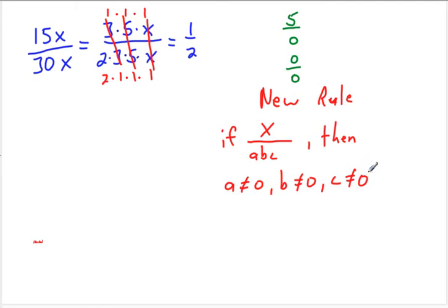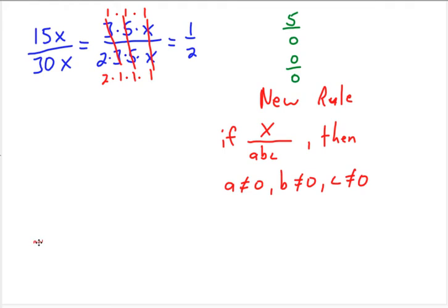So, in my own words, the bottom of a fraction is not allowed to be 0. Therefore, any factors that make up the bottom of a fraction are not allowed to be 0. The fact that there's 3 letters down here doesn't really mean anything. That could be 10 letters or 2 letters or 1 letter. But the basic thing you need to remember is you cannot divide by 0, so any factors on the bottom cannot be 0.